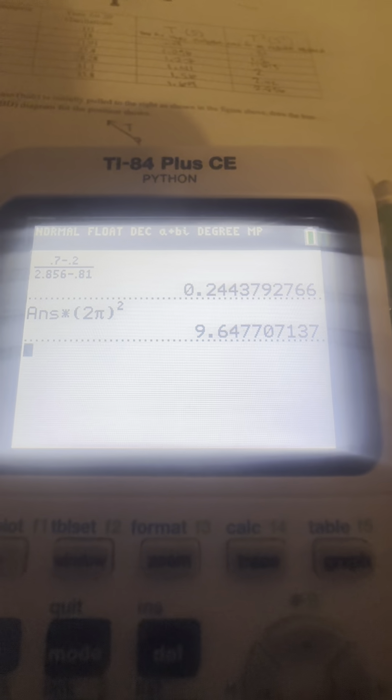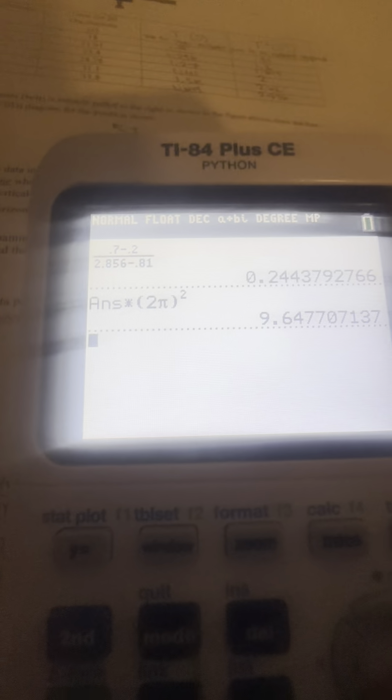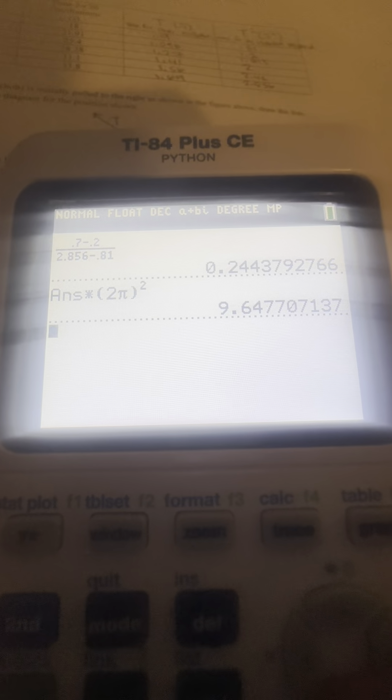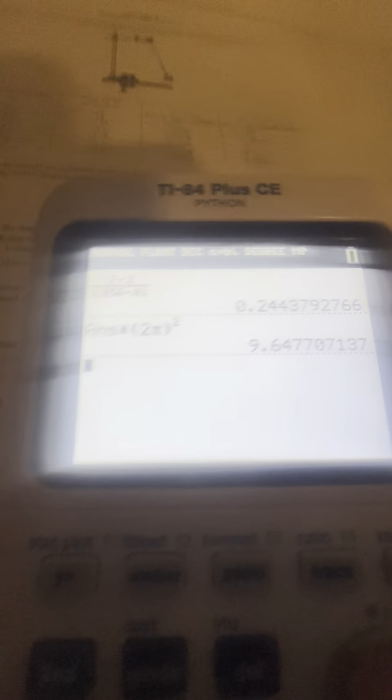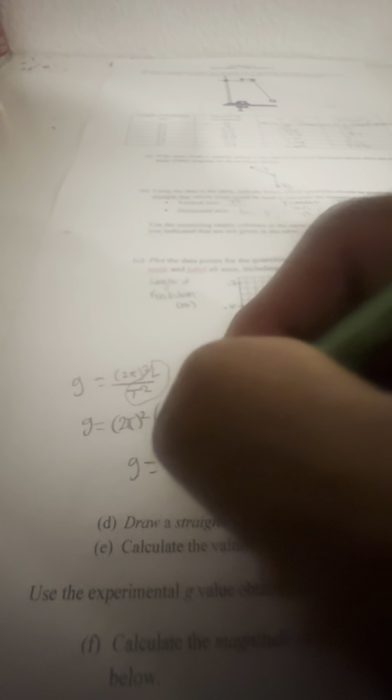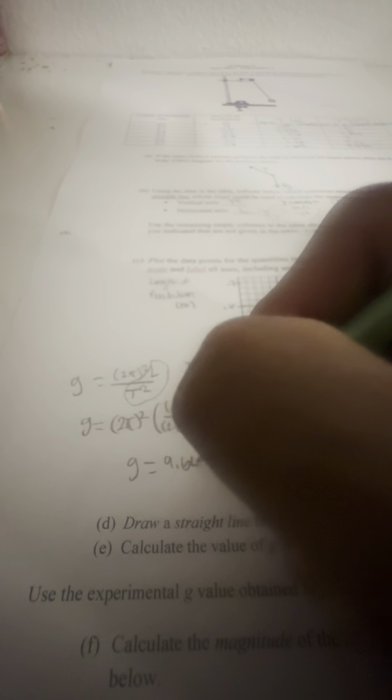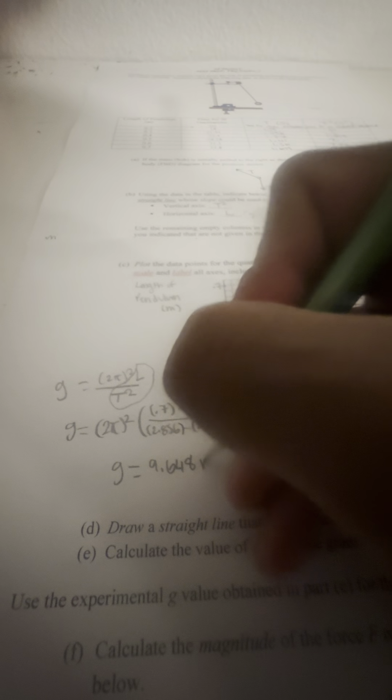Alright. And if we plug that into our calculator, we get 0.244 times (2π)². It's going to give us a value of 9.648. So that's going to be our G for part E. G is equal to 9.648 meters per second squared.